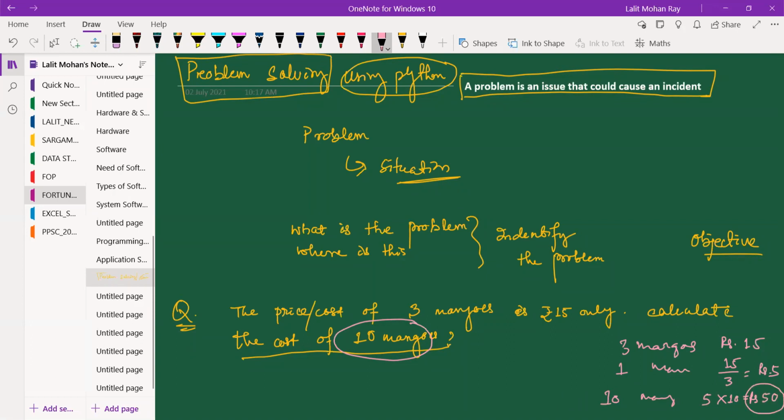So this is our answer. To get this answer, we have done all these things. So it is a very simple question to find its solution.